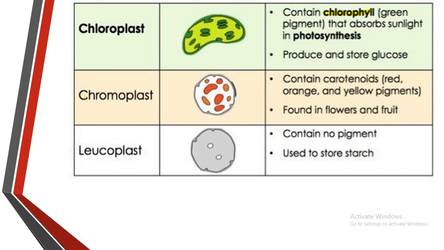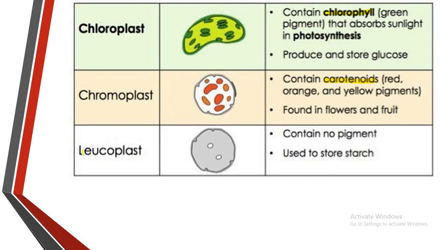The chromoplast, this is the shape of the chromoplast. It has what are called carotenoids, which are red or orange pigments. Mainly chromoplasts are found in flowers and fruits, so they give the flowers or fruits their color.